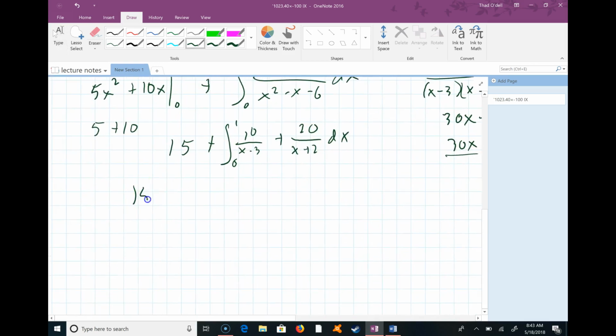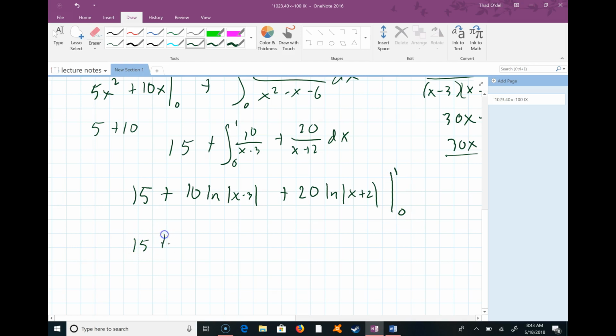Okay, almost there. So I have 15 plus 10 times the natural log of x minus 3, and 20 times the natural log of x plus 2. And all that's evaluated from 0 to 1.